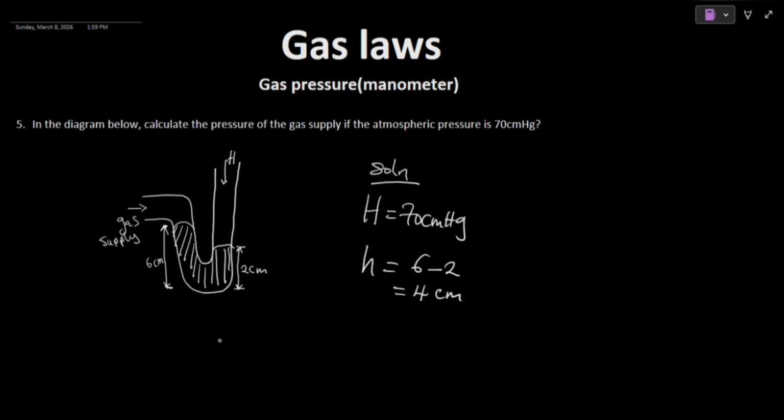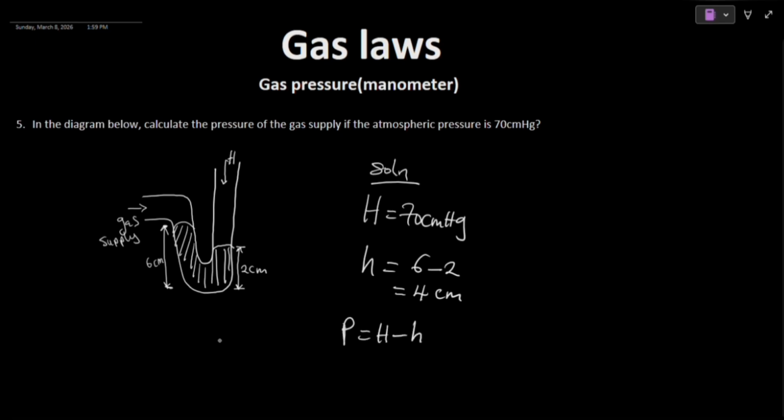And now the gas supply pressure is less than the atmospheric. The atmospheric pressure is greater than the gas supply. That is why the liquid mercury is higher in the gas supply limb. So the pressure is given by H minus small h.